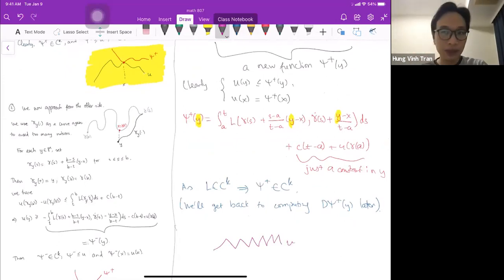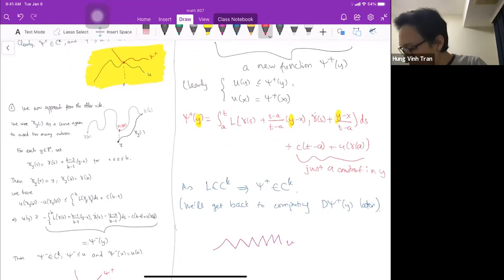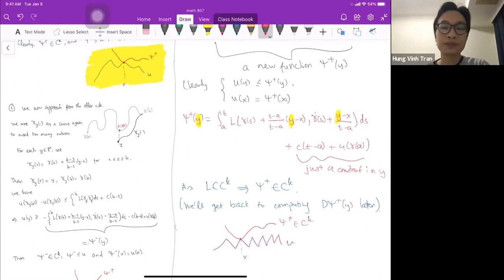This is u. But so far, using our method, we have designed a new function C plus that is in C^k and is touching u from above at the point x. So that's the geometric meaning.